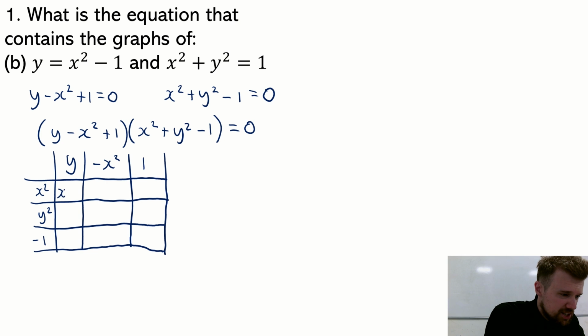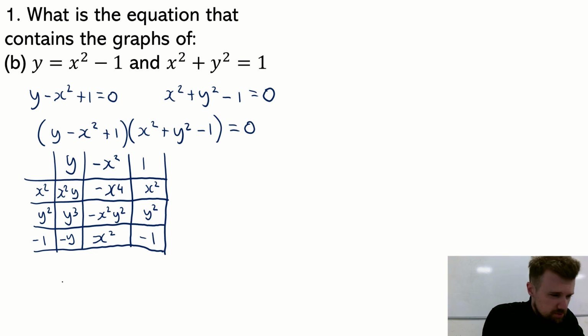Anyway, we have x squared y minus x to the power of 4, x squared y cubed minus x squared y squared, y squared, y, actually it's a minus y. Oh, I was almost caught out by that. Positive x squared, and then a minus 1. So the overall equation is this: x squared y minus x to the 4 plus x squared.